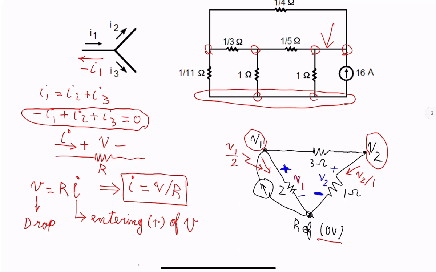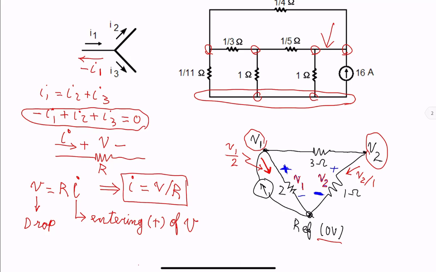In other words, the voltage drop across the 1 ohm resistor is V2. So if you are interested in the current going down here, using the passive convention that we have on the left, that current is V1 over 2. The current going down the right branch from V2 to reference is V2 over 1.